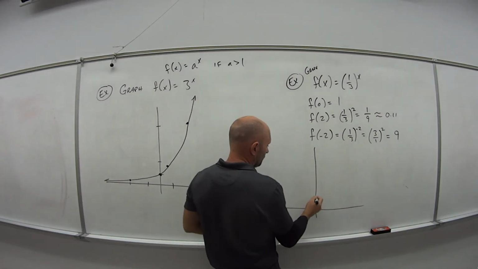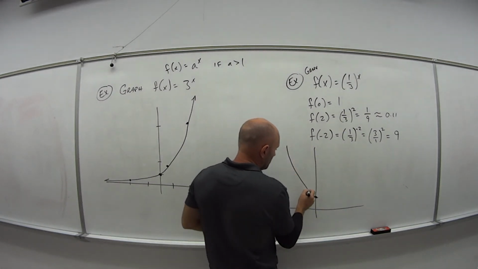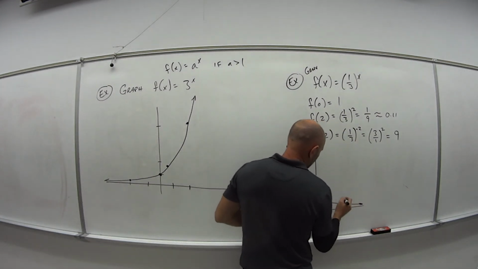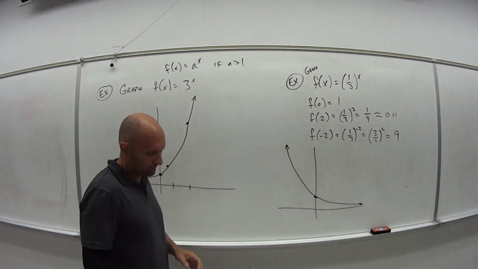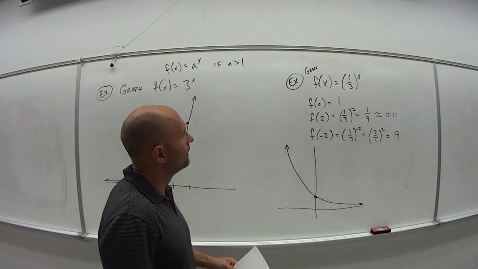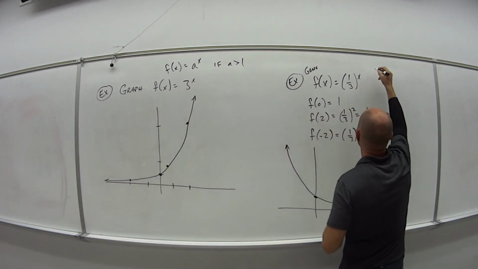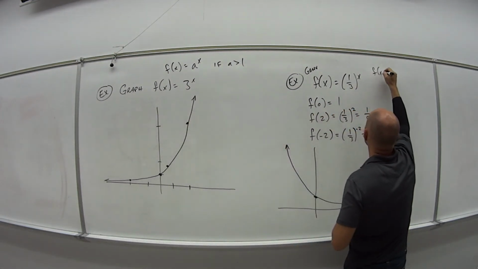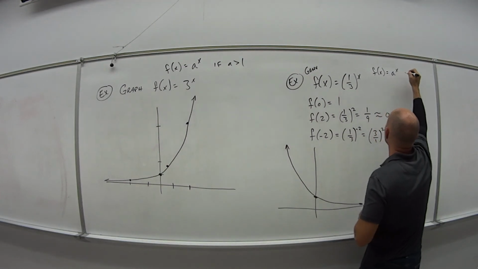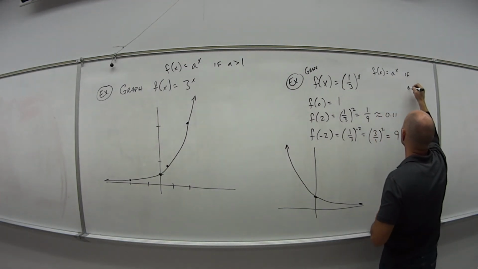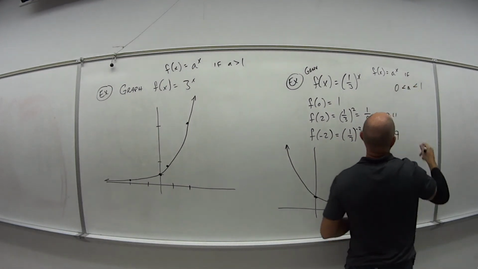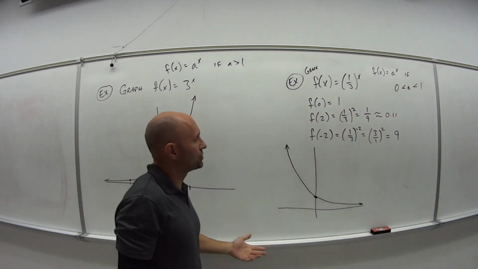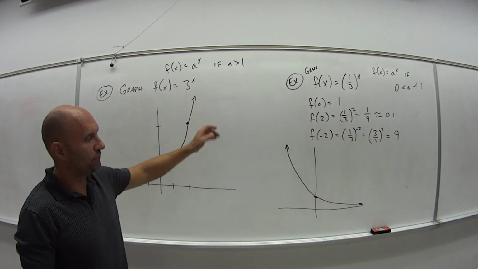So it still goes through 1, but now it's going to be starting in the upper left and going towards 0 as I get towards infinity. And again, this is the general form, f of x equals a to the x, if a is less than 1 and greater than 0.